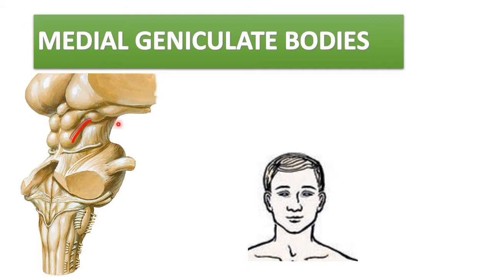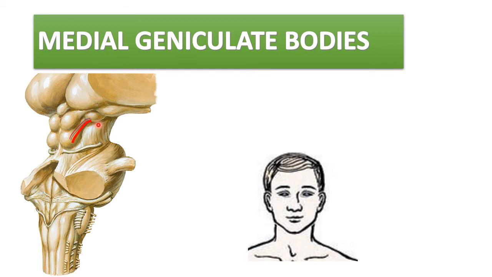So here in this picture we can identify the medial geniculate body over here, the lateral geniculate body here, and this is called the posterior end of the thalamus, called the pulvinar. And now posteroinferiorly, posterior to the midbrain, we can identify the superior colliculus and the inferior colliculus, and here you can identify the pineal gland.